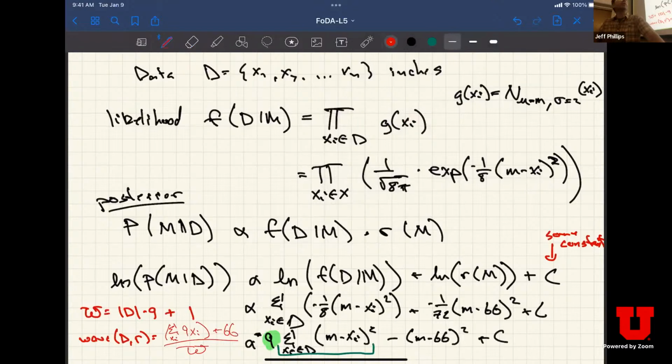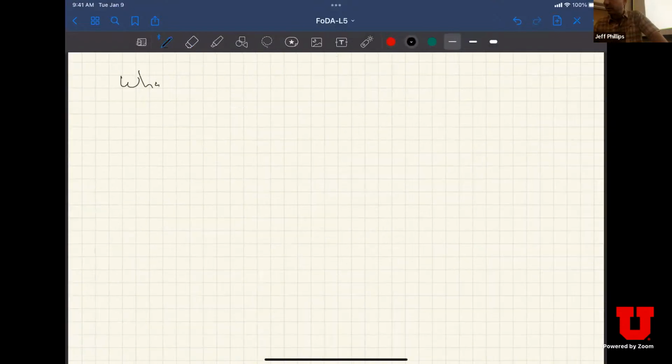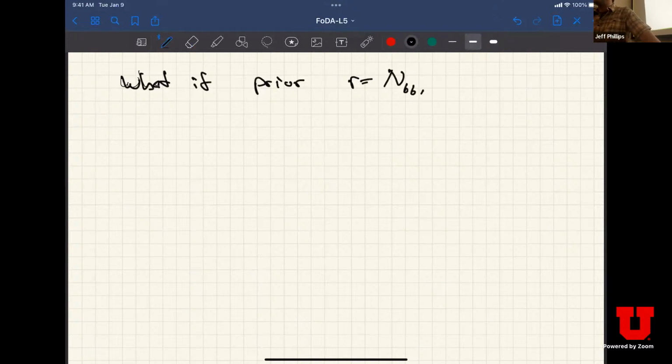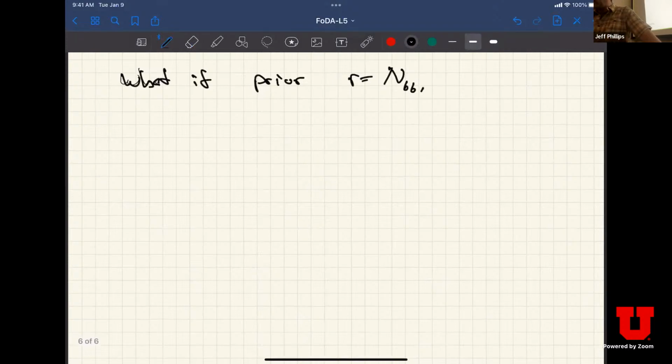So what would happen if I said, well, actually, I said 66 inches, maybe I got that from a national average. I got this from a study, right? What if my prior was actually a normal distribution, say with the mean of 66, but a standard deviation of 0.1?